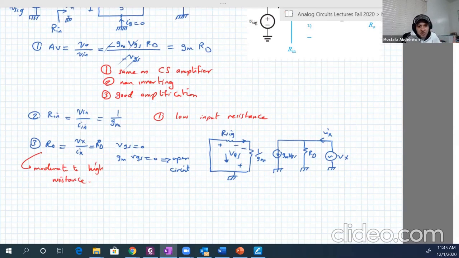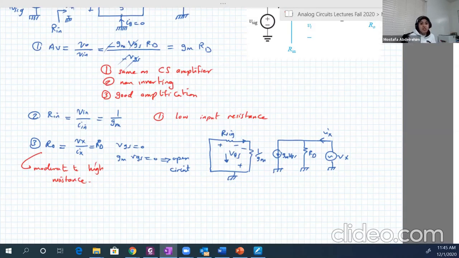Because basically this has lower input resistance than a common source amplifier, same output resistance, same amplification. Yes, it's not inverting, but most of the time the inversion doesn't affect us so much, and we can just ignore it for most of the applications. But we lose something, we lose our input.